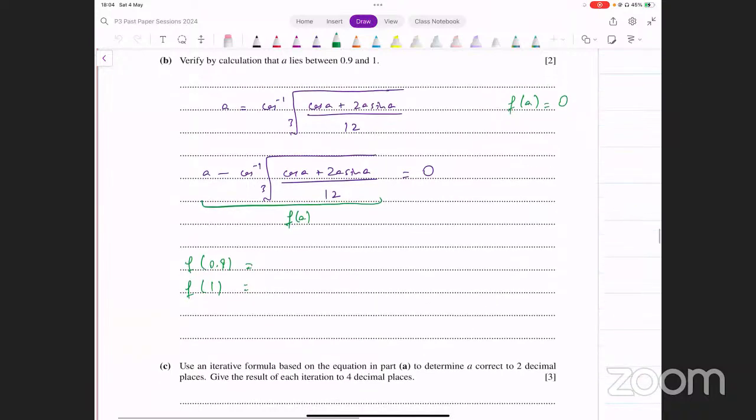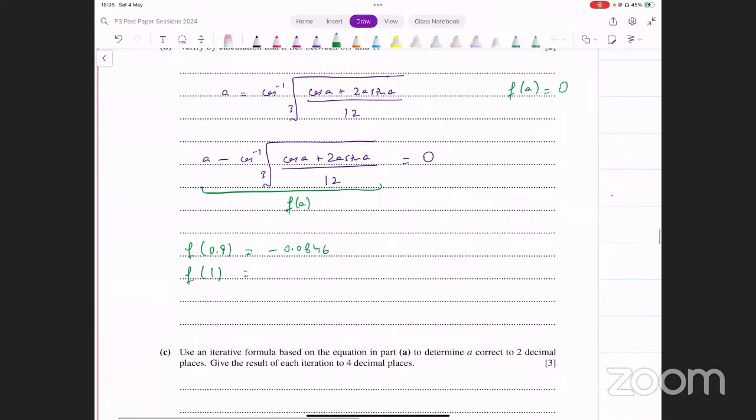Okay, so this is giving me minus 0.084. Anyone else getting the same result from this? I'm getting minus 0.0846 for this at 0.9. Okay, good. And what about 1? At 1, I'm getting cos of 1. Now it's actually a bit tricky to put all of this in your calculator all at once.